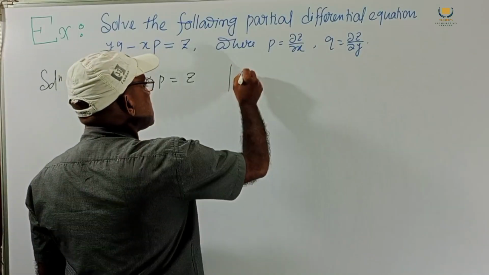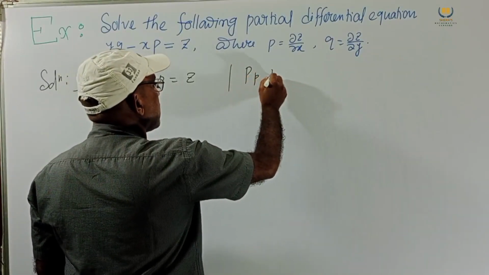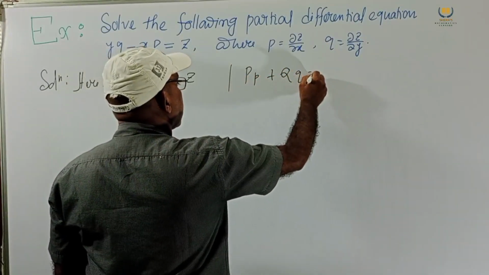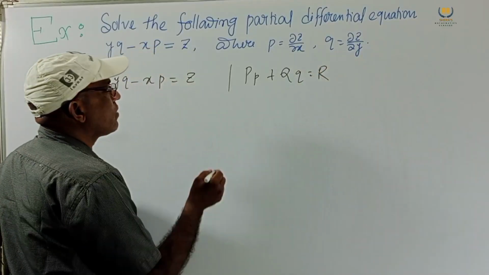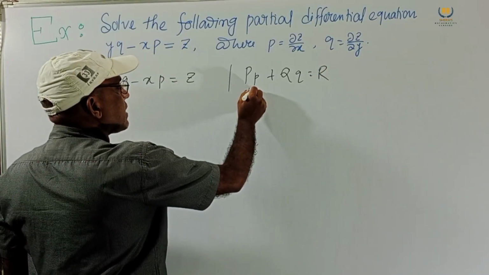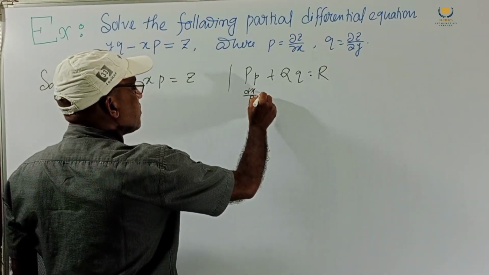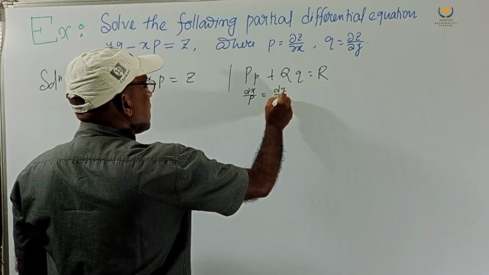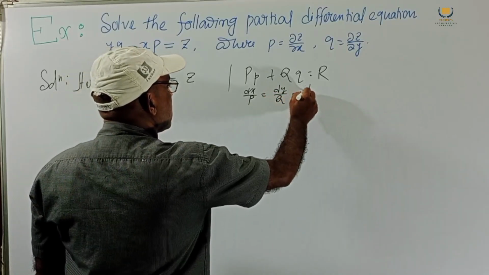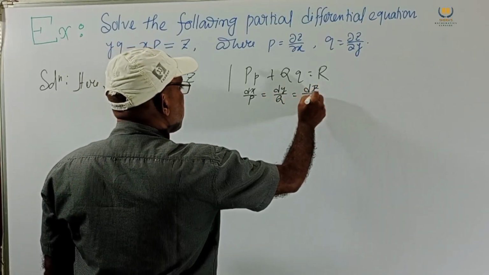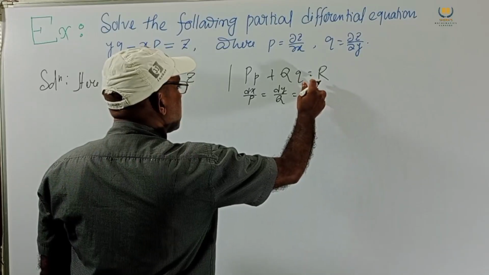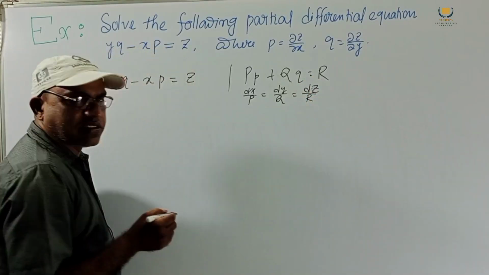Our main formula is Pp + Qq = R. Then we write dx/P, dy/Q, dz/R. This is our auxiliary equation.